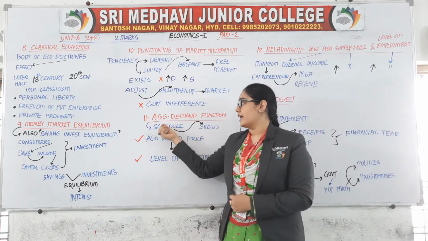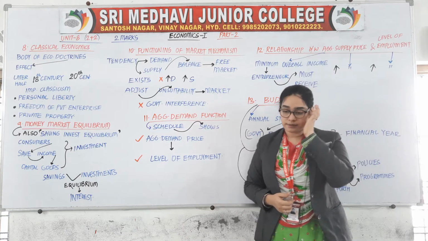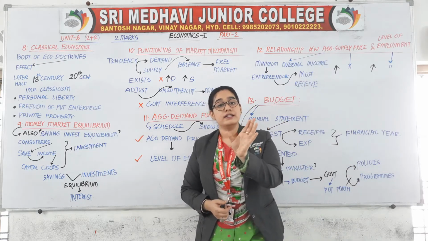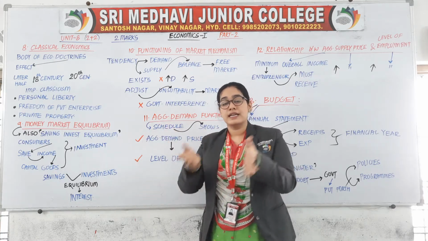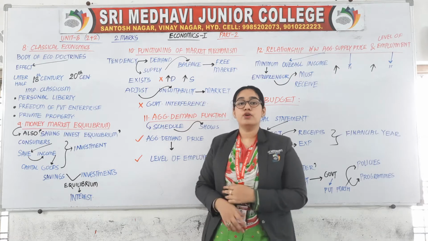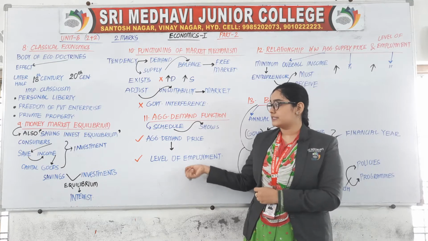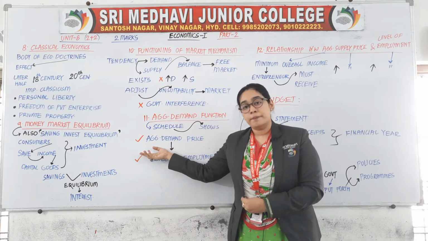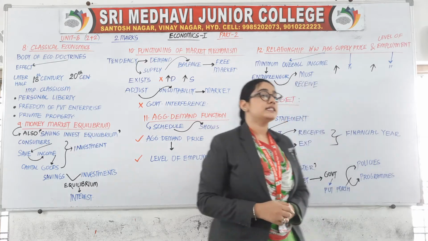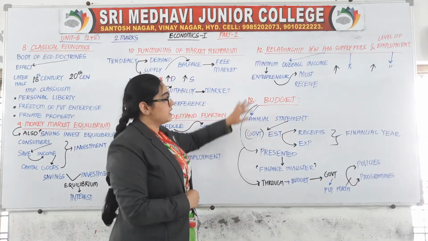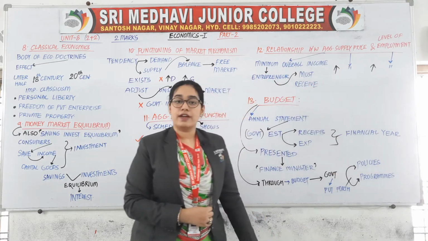The next one is aggregate demand function. Before starting this, there are two terms, aggregate demand price and aggregate supply price. These both have a relation with the level of employment. However much aggregate demand price there is, that much level of employment there will be. In the same manner, there is a relationship between aggregate supply price and level of employment.